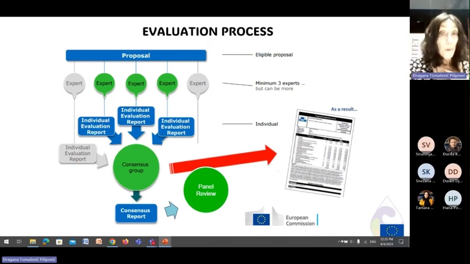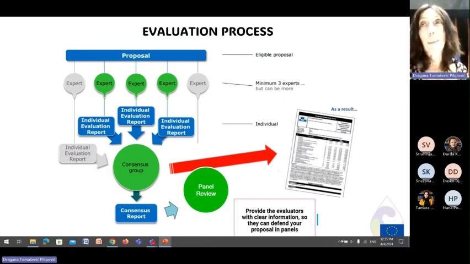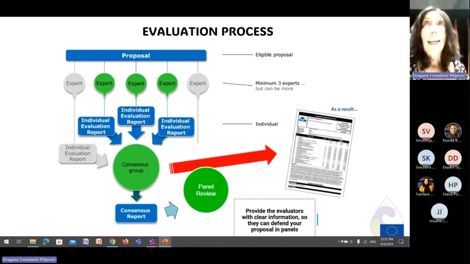And something very important, right? Because at some time they have to get together and discuss about your proposal. So if there is one evaluator that is convinced about your proposal, that likes your proposal, you have to help him. You have to help him to defend your proposal, right? So you have to give him clear information so that he can defend your proposal in front of the other people.